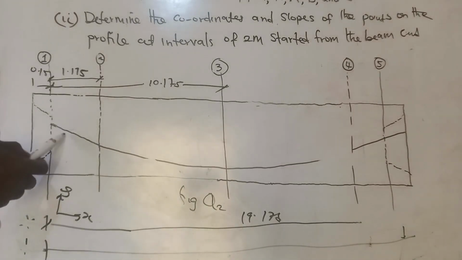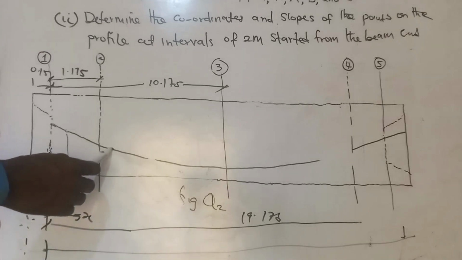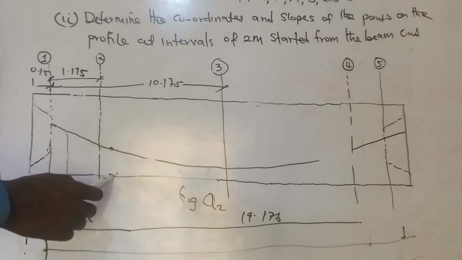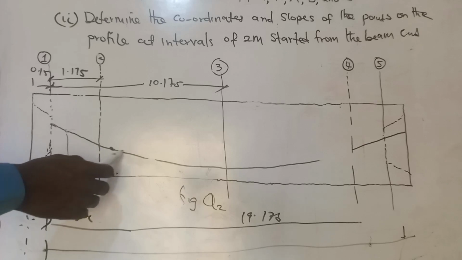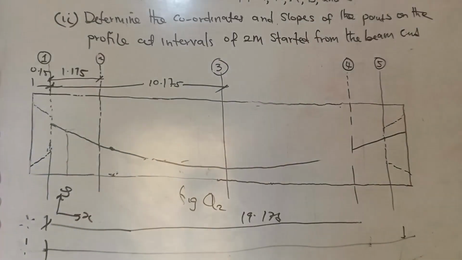Then the y coordinates are the distance from the x-axis to the vertical, where the curve is plotted along the beam. So we are just going to look for these constants and proceed further in obtaining the losses.